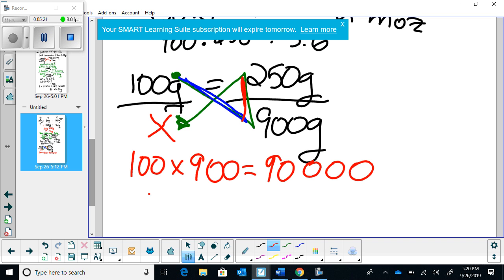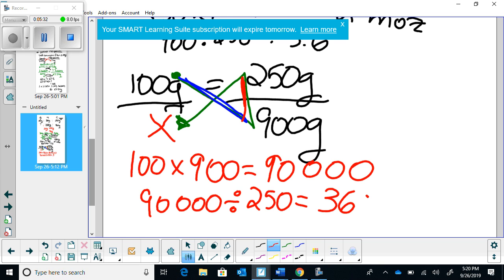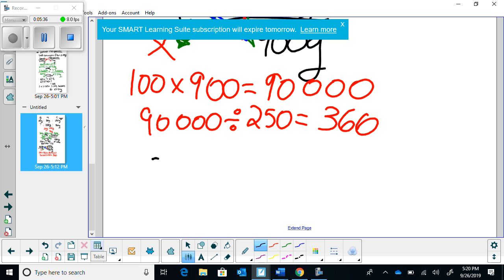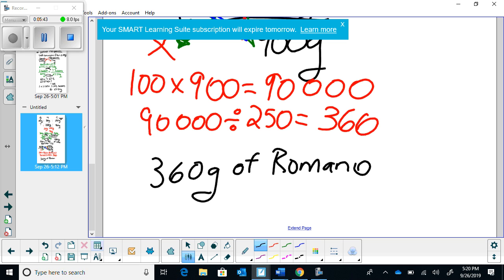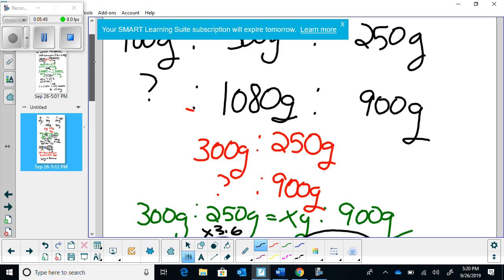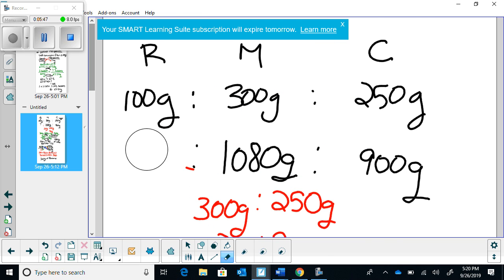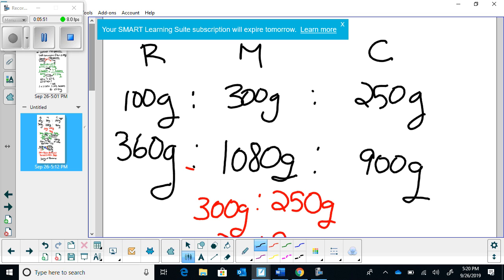Okay, so divide 90,000 divided by 250, which is equal to 360. So when we finish with our answer, we're going to have 360 grams of Romano cheese for every 250 grams of cottage cheese. So if we go back up here, we can now fill in that unknown ratio, 360 grams.